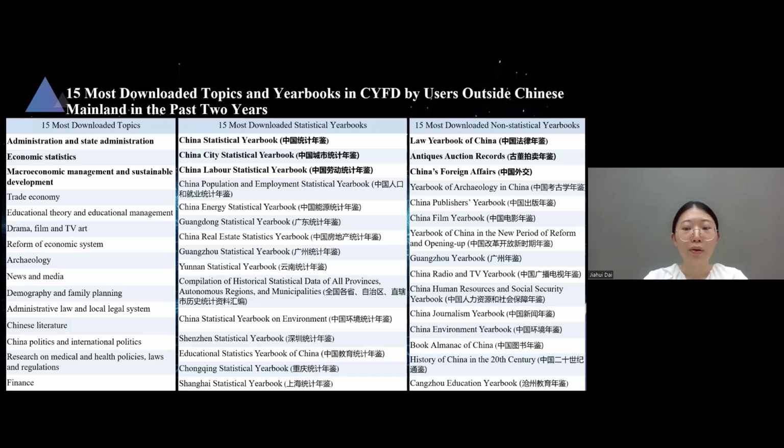The 50 most downloaded non-statistical yearbooks include Law Yearbook of China, Antiques Auction Records, China's Foreign Affairs, Yearbook of Archaeology in China, and China Publishers Yearbook.